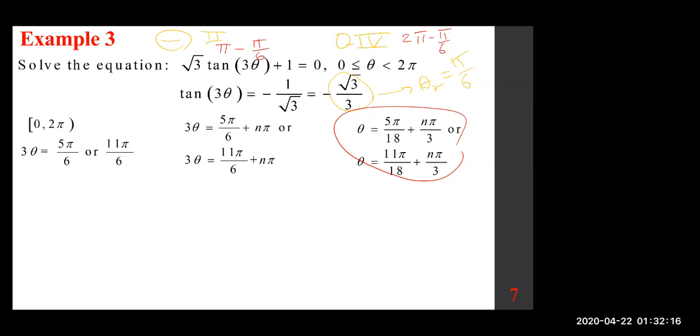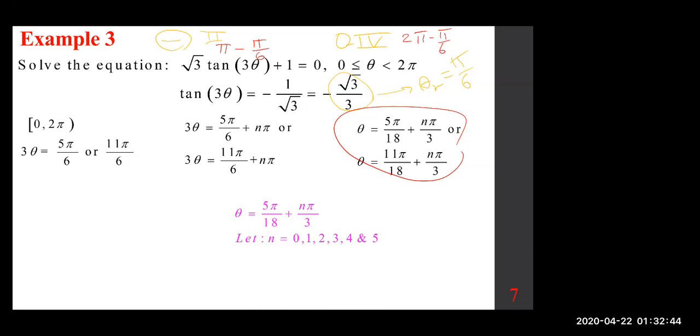So now, starting with the first one, you start plugging in 0, 1, and 2 into each one. And so when you do that, notice what happens.